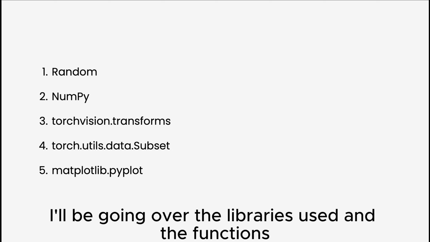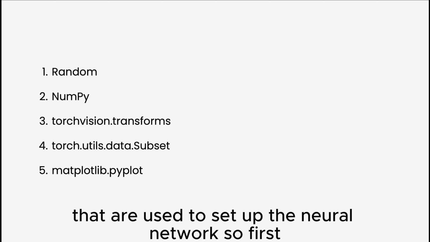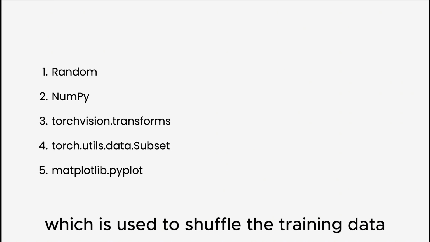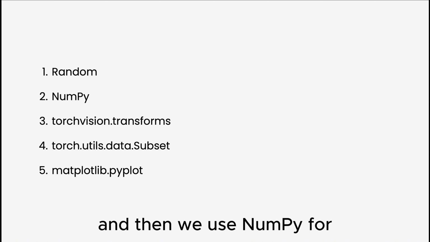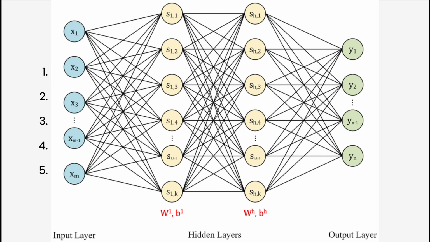I'll be going over the libraries used and the functions that are used to set up the neural network. So first, we have random, which is used to shuffle the training data, and then we use NumPy for creating weight matrices and bias vectors.